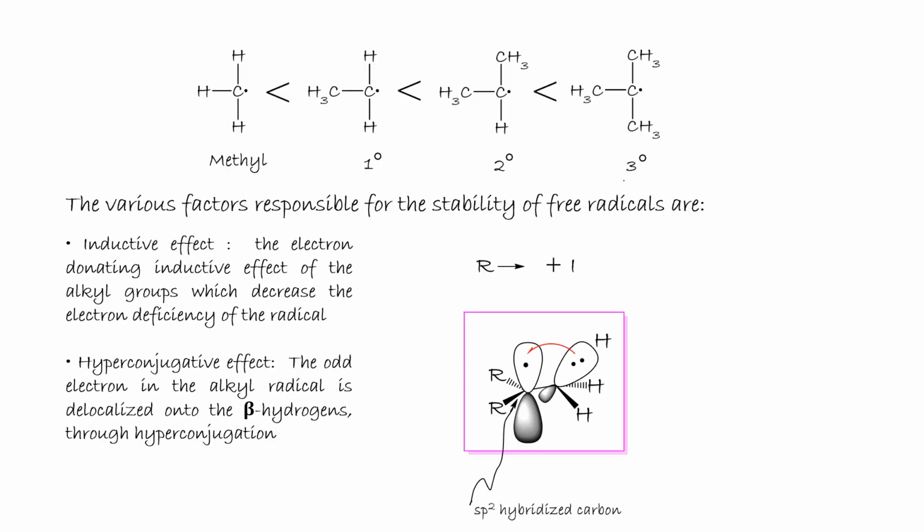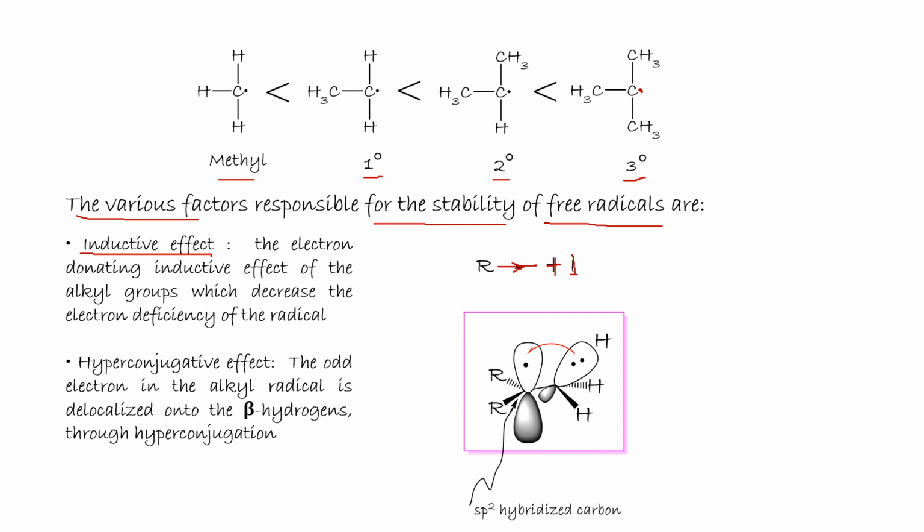Experimentally, tertiary radical is more stable than secondary, more stable than primary, and more stable than methyl. More stable means it's lower in energy and can be formed easily. Various factors responsible for the stability of free radicals are the inductive effect. R, we call the R group, an electron donating group, pushing the electrons away from it, and we call it positive inductive effect.